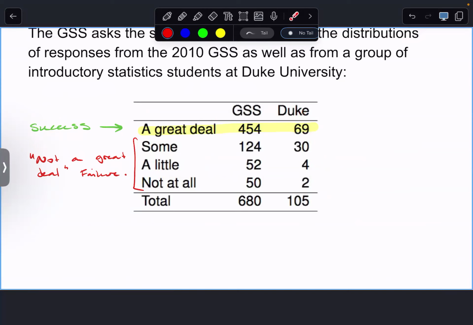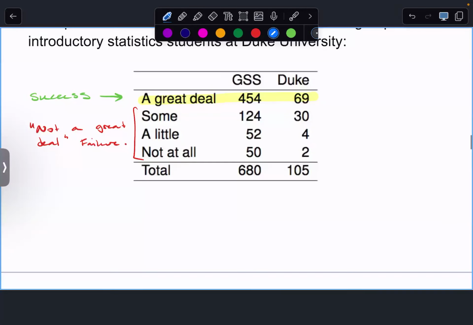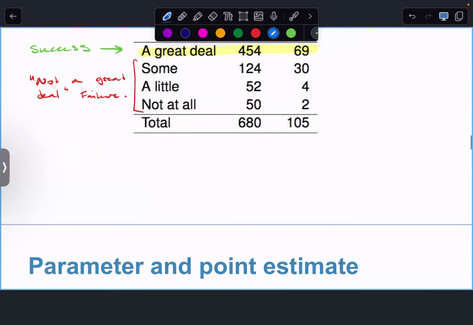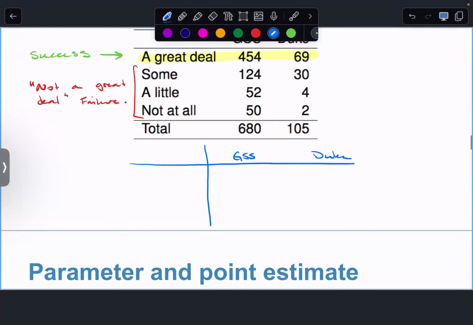So we have all these components and we can calculate the sample proportions. Right. What did we need? We needed n, x, and p hat.